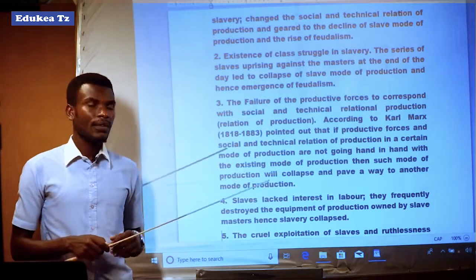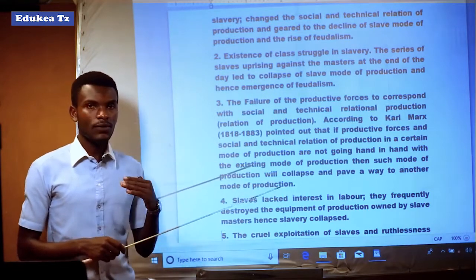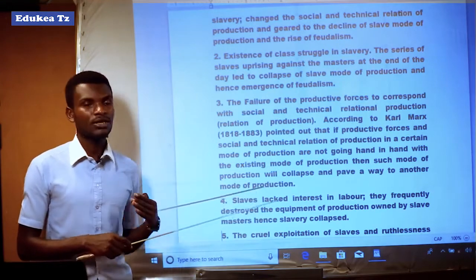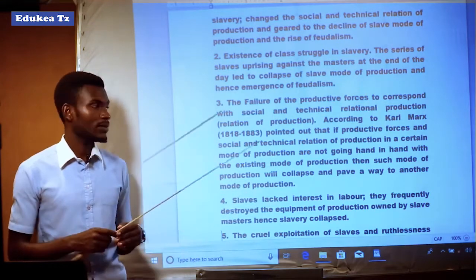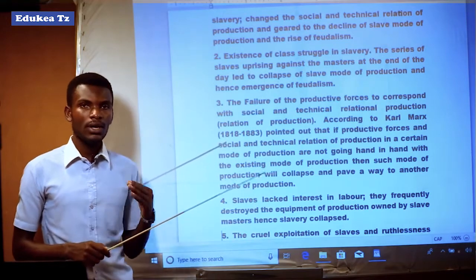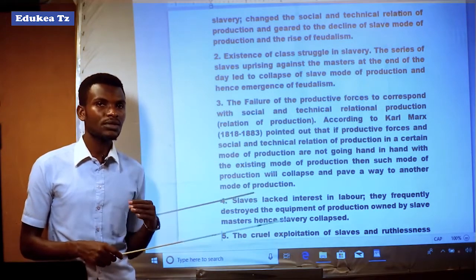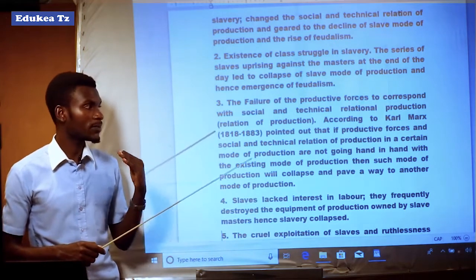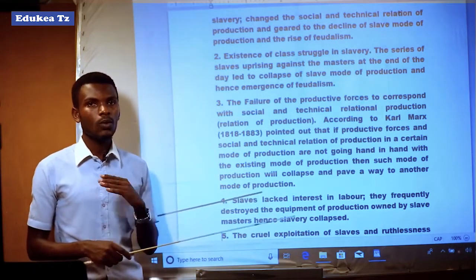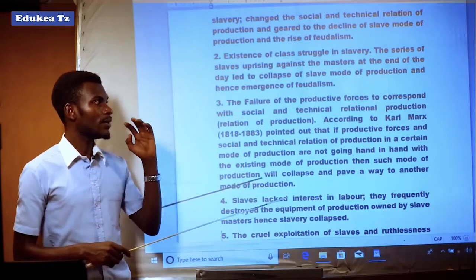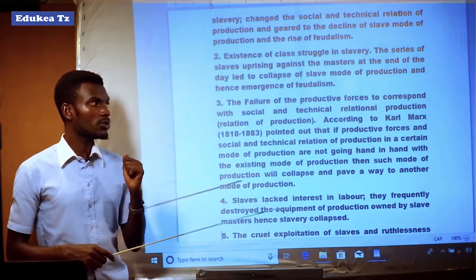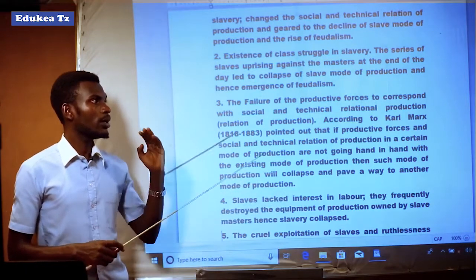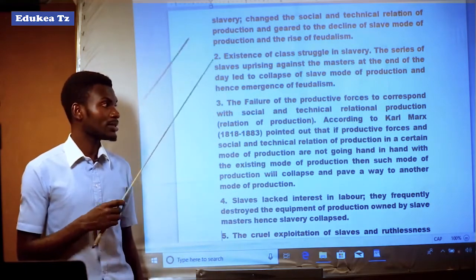It means that the productive forces failed to correspond with the social and technical relations of production that existed. So that paved the way for the rise of the feudal mode of production, and slavery was collapsing because the social and technical relations of production did not correspond to the productive forces during slavery.